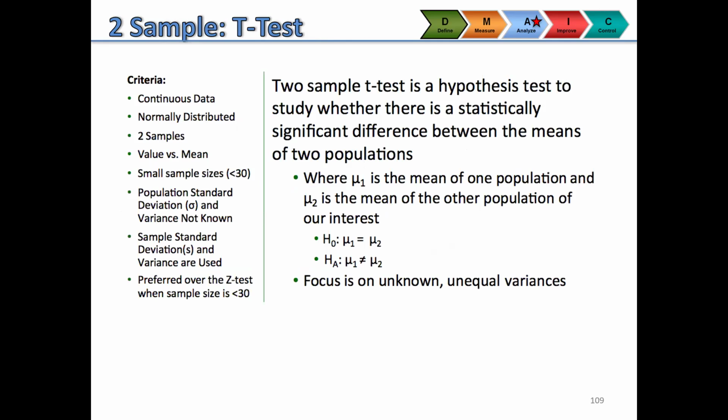Same criteria: continuous data, normally distributed, two samples, and these are going to be, again, connected. So there's a value versus a mean, small sample sizes, population standard deviation and variance not known, sample standard deviation and variance are used. So I usually have that information.